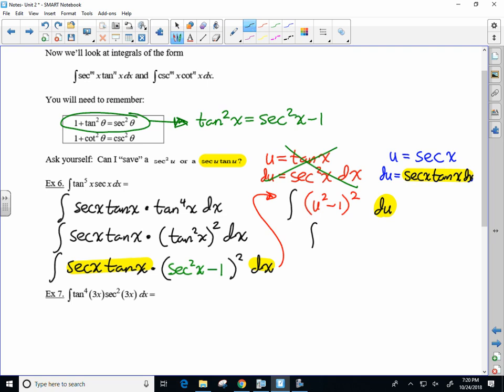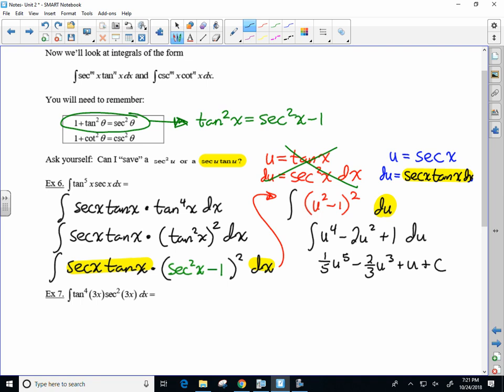So integral u to the 4th minus 2u squared plus 1 du. An antiderivative would be 1/5 u to the 5th minus 2/3 u to the 3rd plus u plus c, where u is secant.